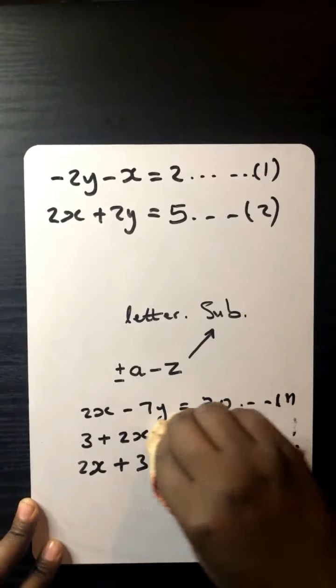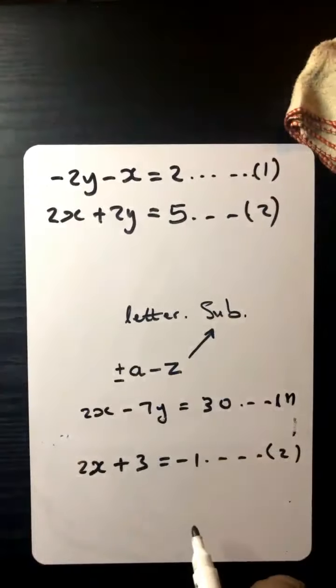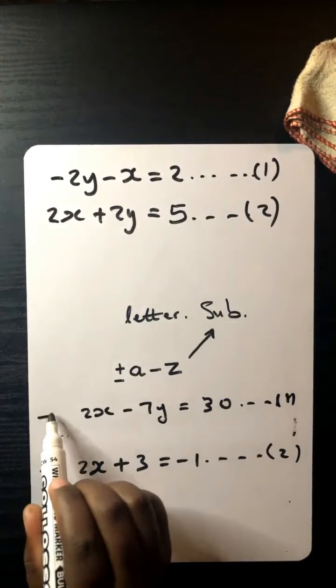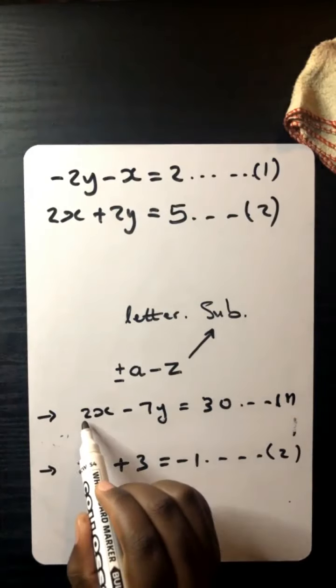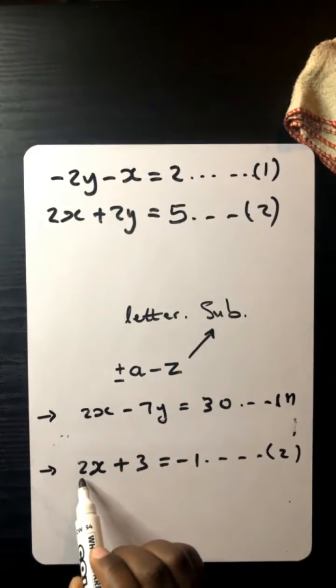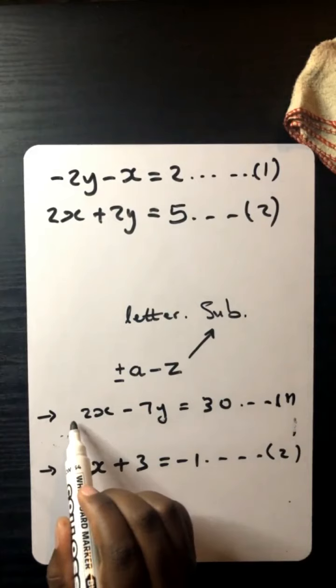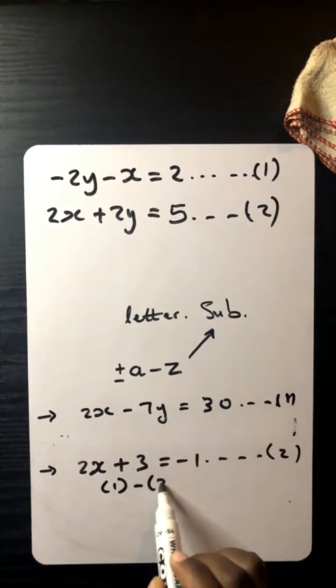So let me just remove all of that so that it makes perfect sense. Can you see, you can now say this minus that, which is equation 1 minus equation 2.